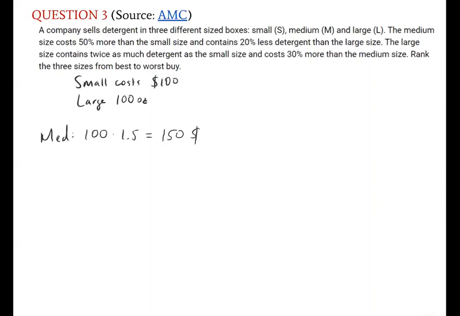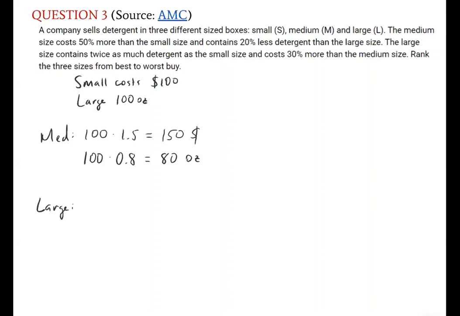And then as for size, it says that the medium contains 20% less detergent than the large size, so that means that the medium is just 0.8 times 100, or 80 ounces. Then we can move on to the large.